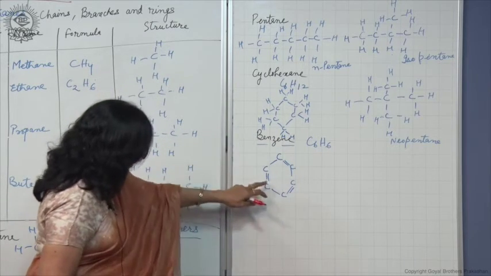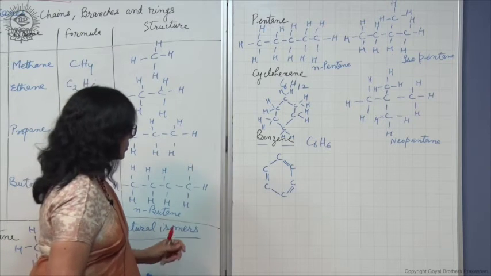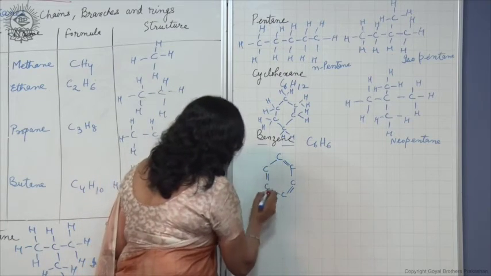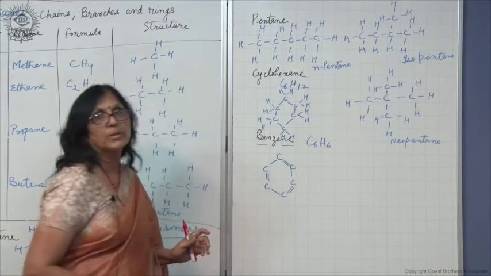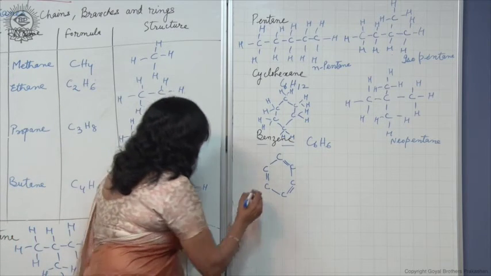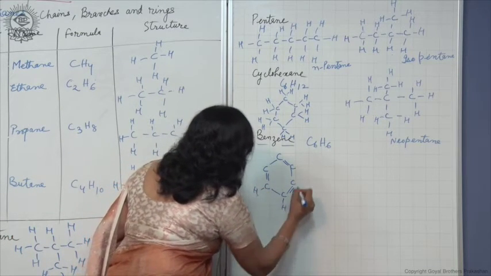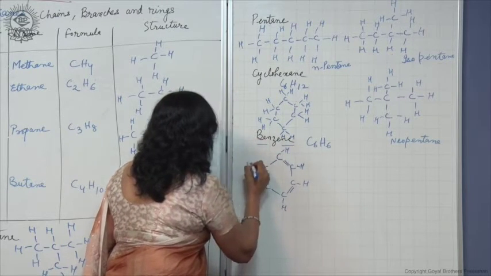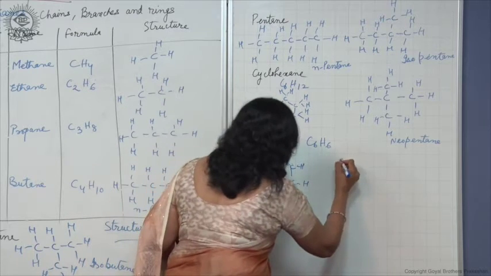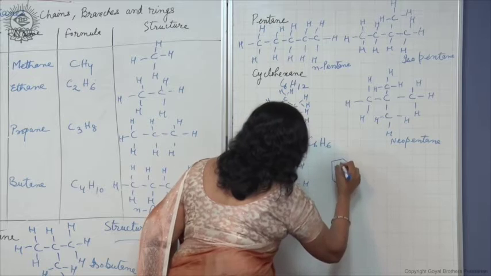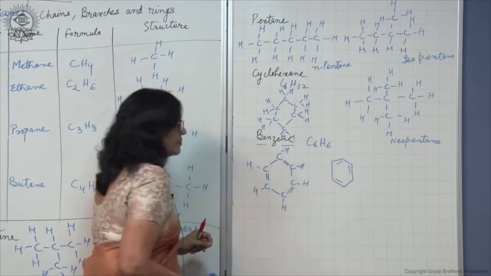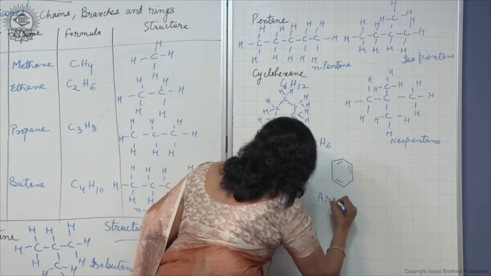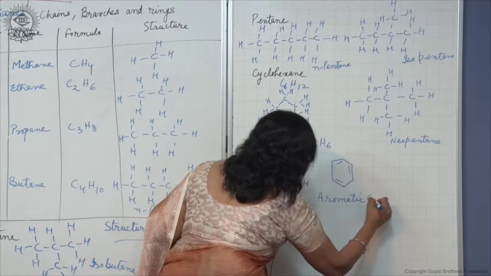So, you can see there are alternate double bonds between the carbon atoms, one double bond, one single bond. In each carbon atom you can see 3 valencies of each carbon atoms are satisfied, and one valency is satisfied by hydrogen atom. We can also write benzene like this by making a hexagon and showing the double bonds like this. This benzene and its compounds are also called aromatic compounds.